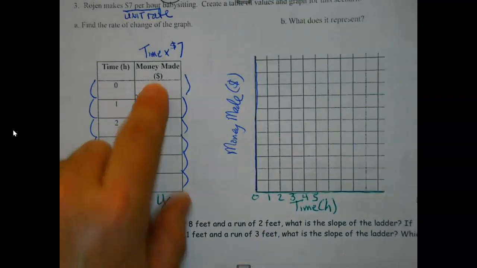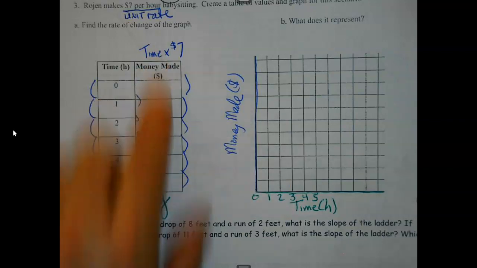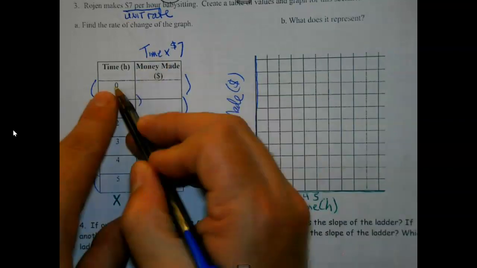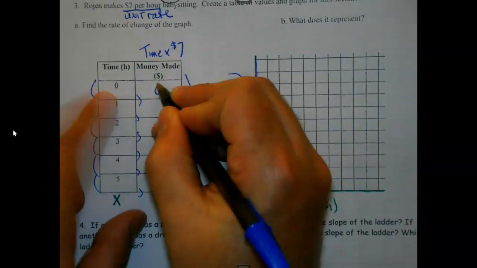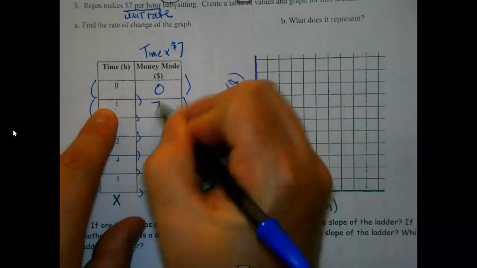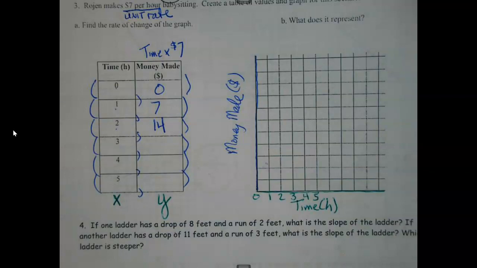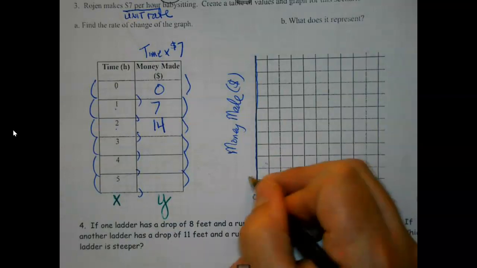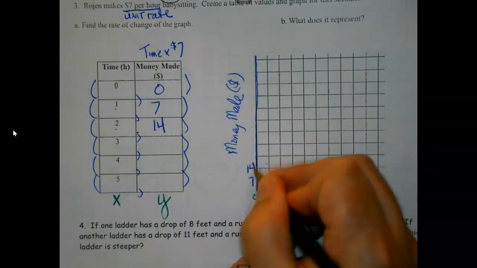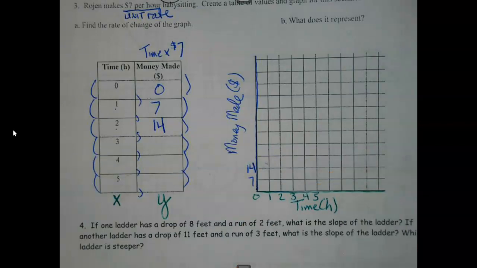And once I have these values, once I do 0 times 7, 1 times 7, 2 times 7, and I'm getting those numbers, you could actually wait and just put those numbers up the side as you're doing it. And then it is literally just like that first one that we did.